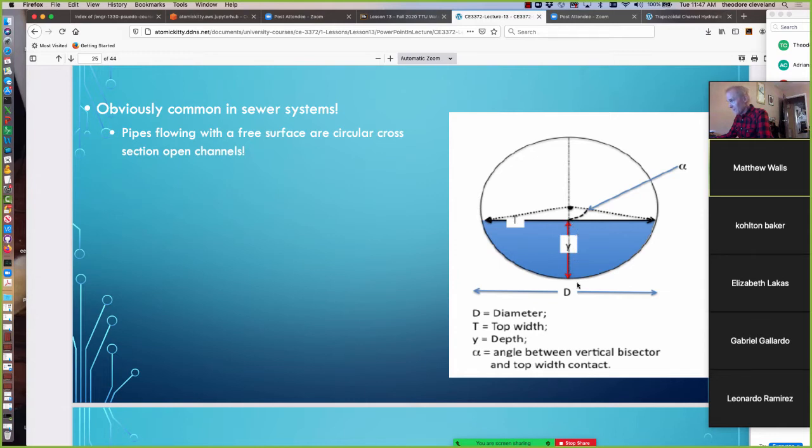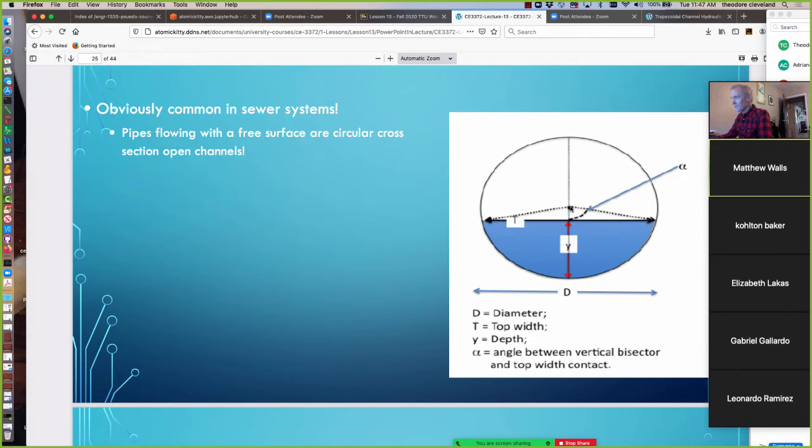So the flow depth is measured from the bottom of the pipe up to wherever the water line is, and it creates this blue shaded sector in this drawing. The distance from contact to contact at the water-solid interface at the free surface is the top width.